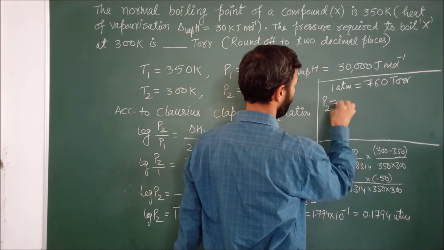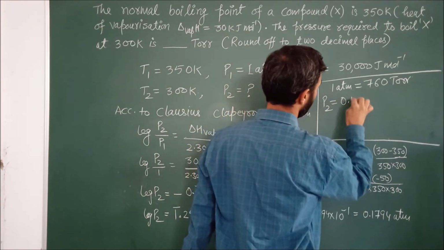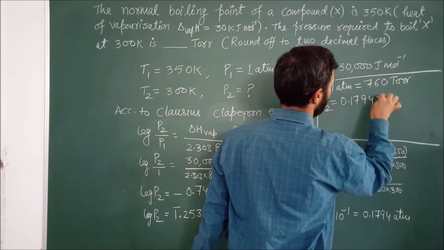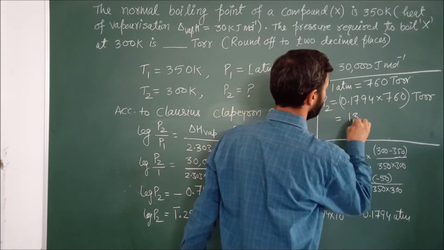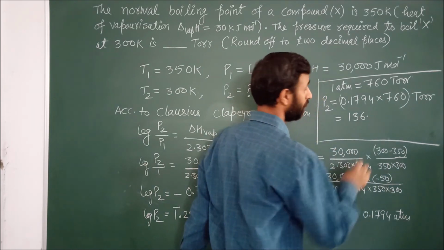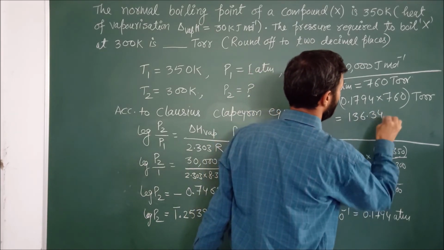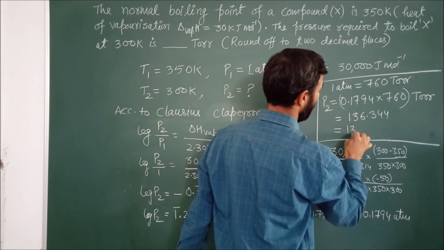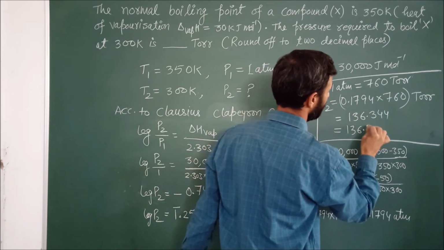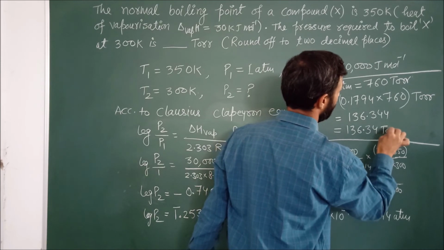So P2 is equal to 0.1794 into 760. To round off up to 2 decimal places, the value comes out to be 136.34 torr.